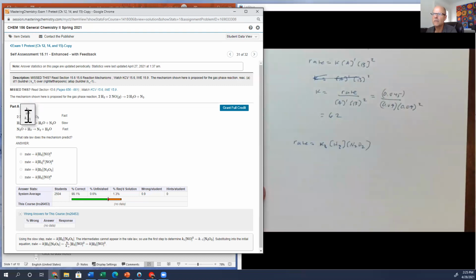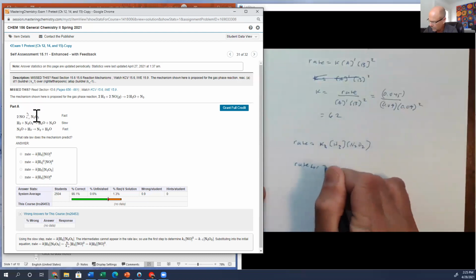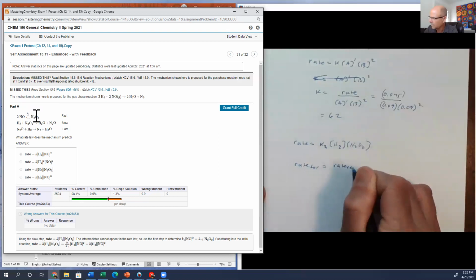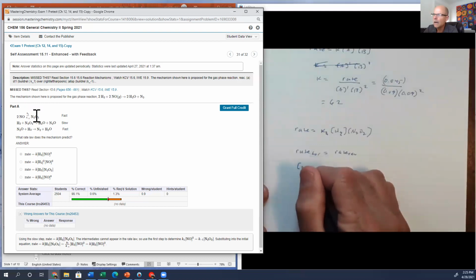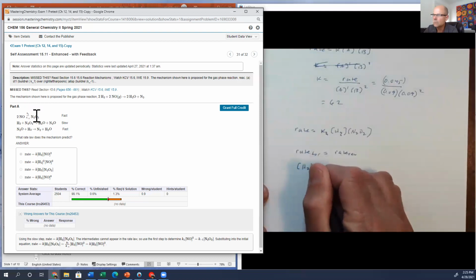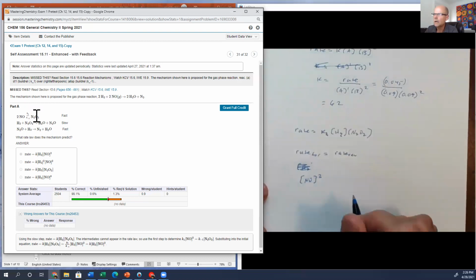Because when you have an equilibrium, what does that mean? That means that the rate of the forward reaction is equal to the rate of the reverse reaction, right? So based on the same reasoning then, the rate of the forward reaction, right, is equal to the concentration of H2, concentration of NO squared, right?